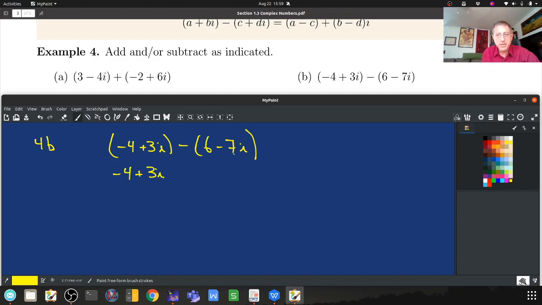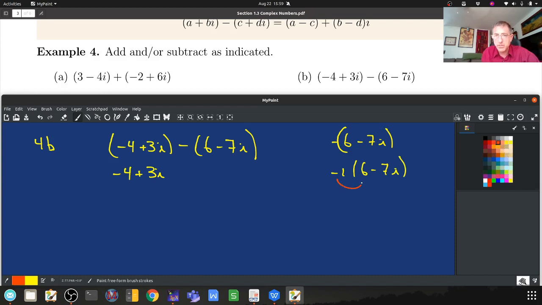But this set of parentheses does have a sign. So I'm going to distribute the minus: minus in parentheses 6 minus 7i is the same as minus 1 times 6 minus 7i. And the properties of distribution hold.